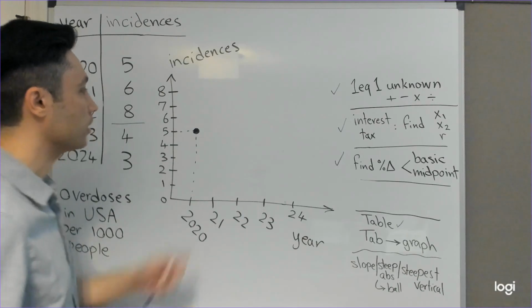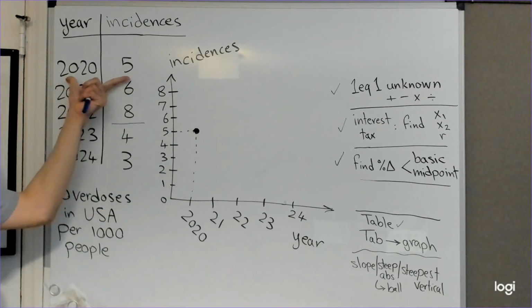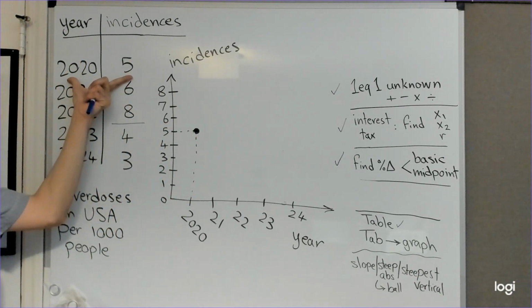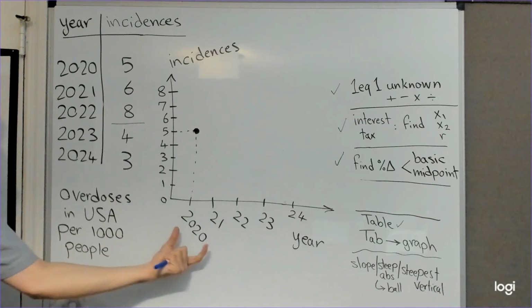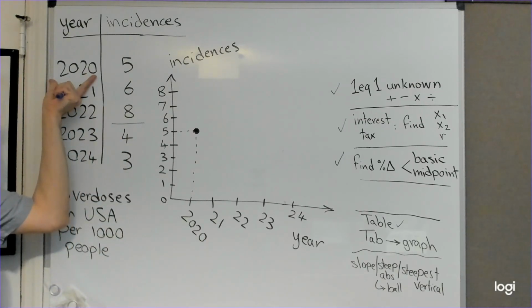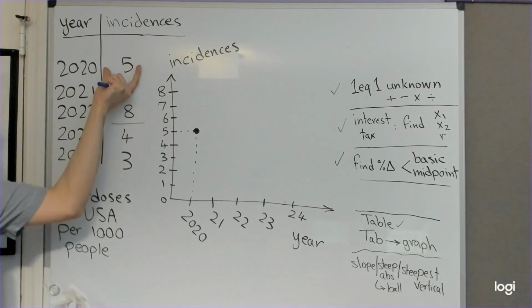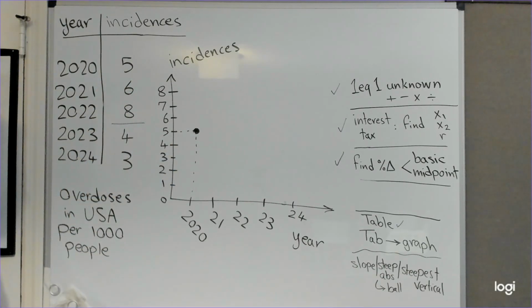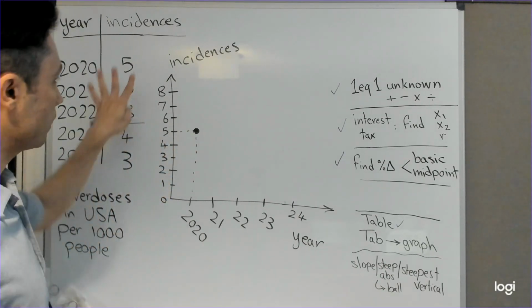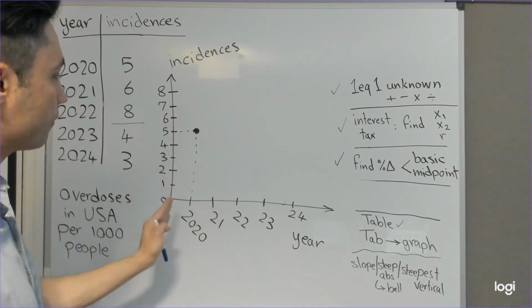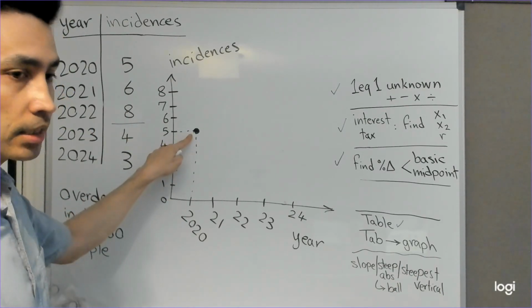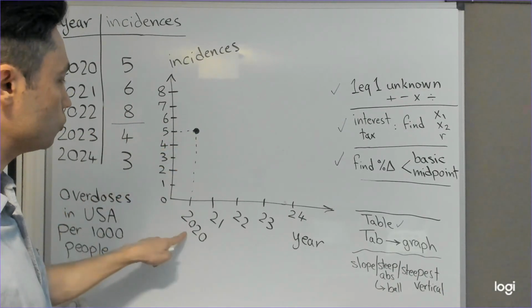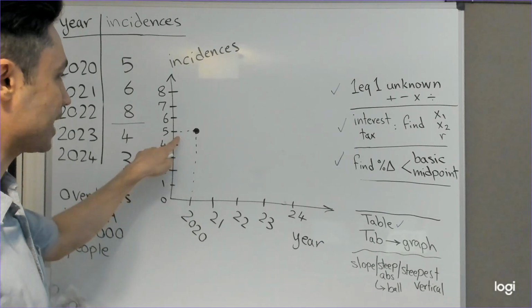This point that I highlighted here contains the information in the first row, meaning it is connecting year 2020 to the number of incidences equal to 5 on the vertical axis. So if you don't have the table and you just have this graph, this single point tells you that in year 2020, the number of incidences has been 5.